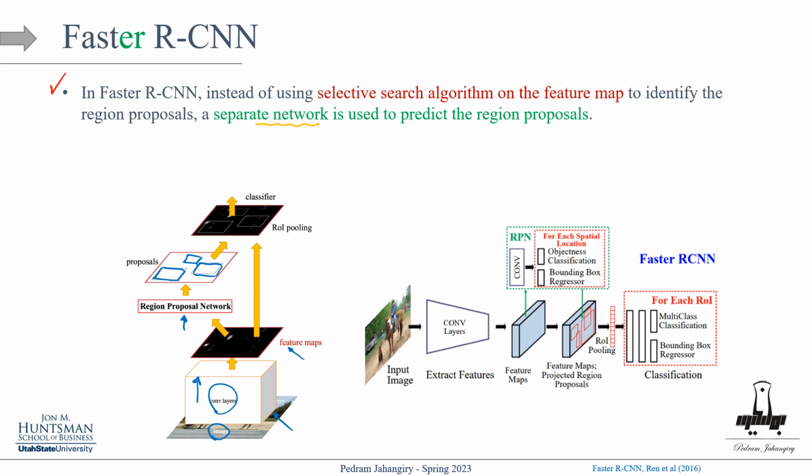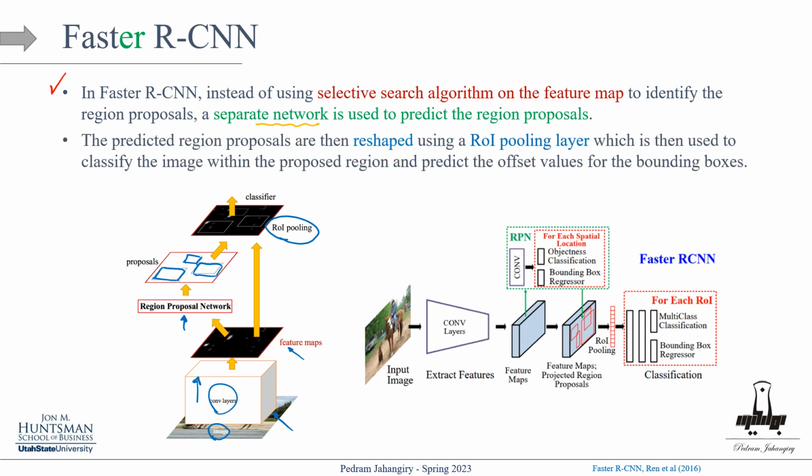Then because we want to pass it to a fully connected layer, we're going to use our ROI pooling layer to reshape those bounding boxes for us. And then finally, we're going to pass it to our fully connected layer and make the prediction. The predicted region proposals are reshaped using the ROI pooling layer, and then used to classify the image within the proposed region, and of course the bounding box values, right?